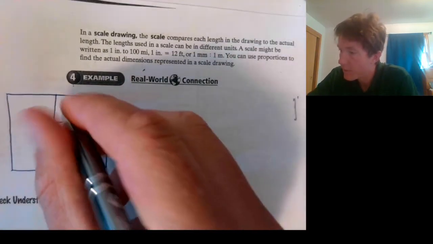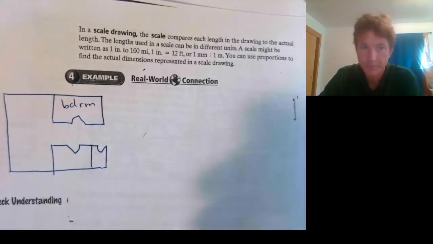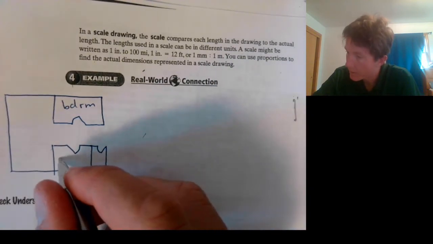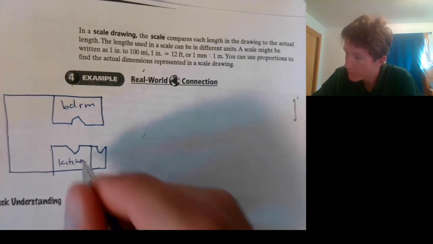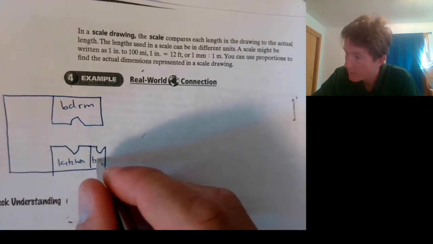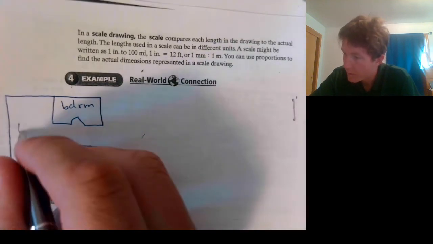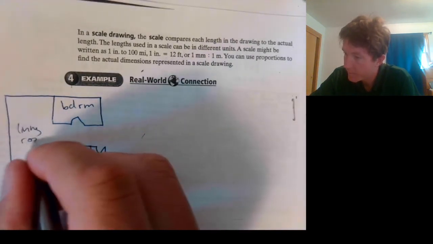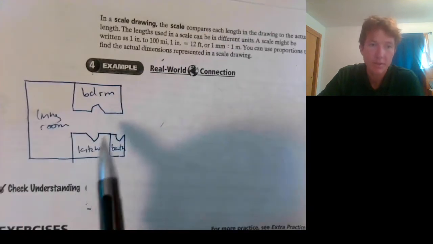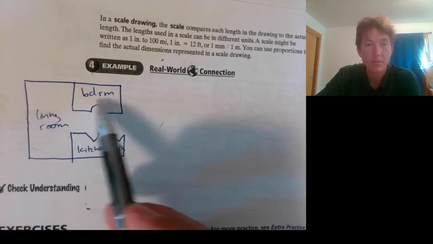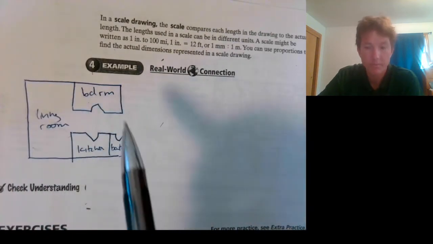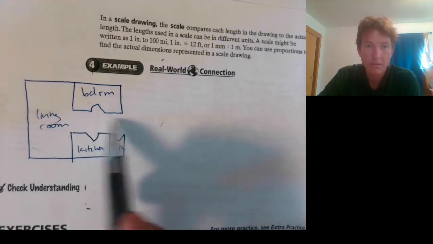So this is the bedroom. Here we have the kitchen, and here's the bath, and then out here we have the living room. So this is like your little apartment: bedroom, kitchen, bath, living room. This is some kind of hallway.